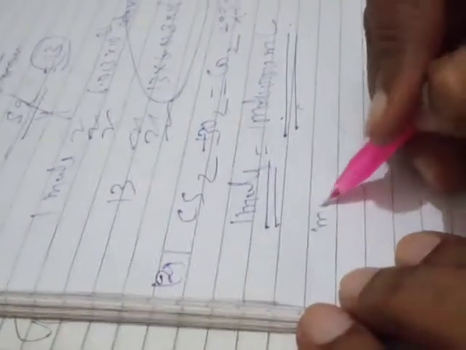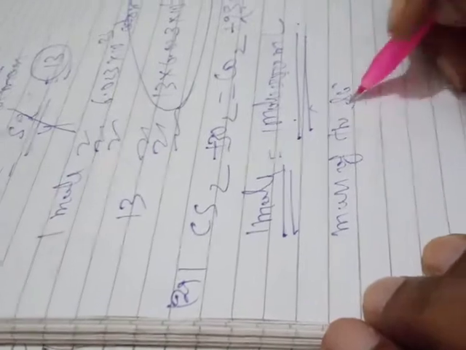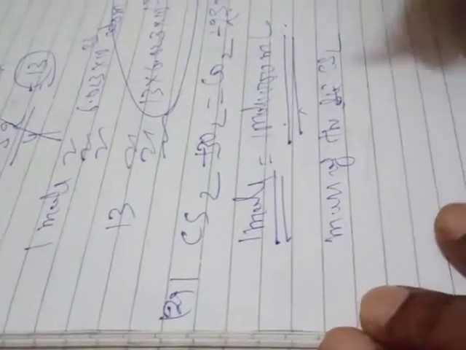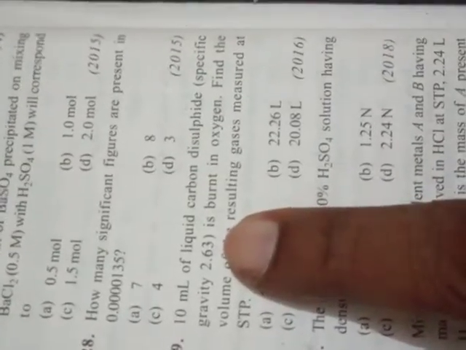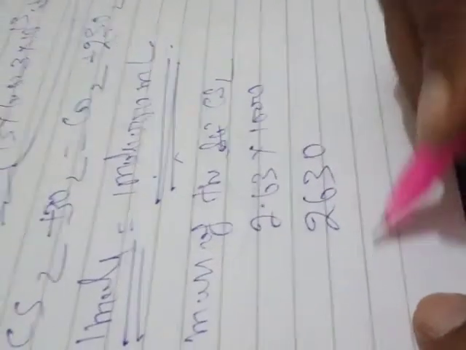So we can calculate the mass of CS2. Mass can be calculated here as specific gravity 2.63 into 1000. When you multiply it, we get 263, and here 10 will be there, grams. That is what we are going to get here.